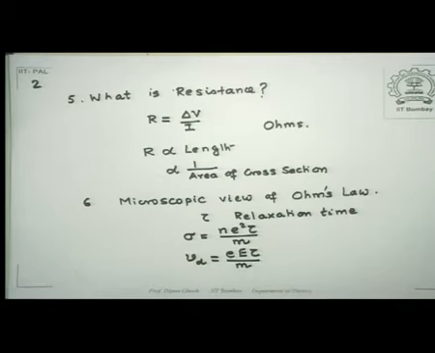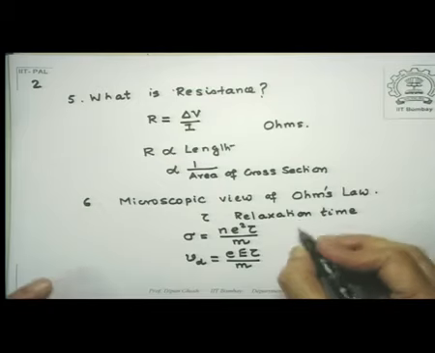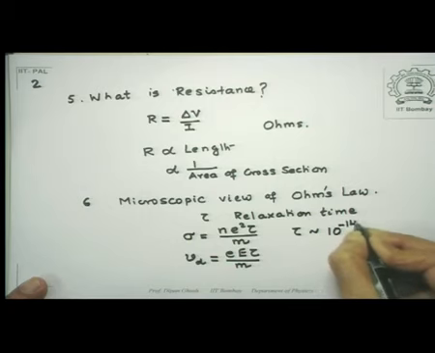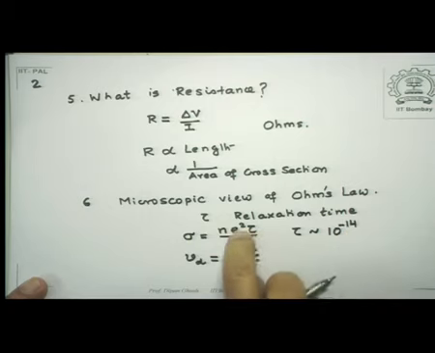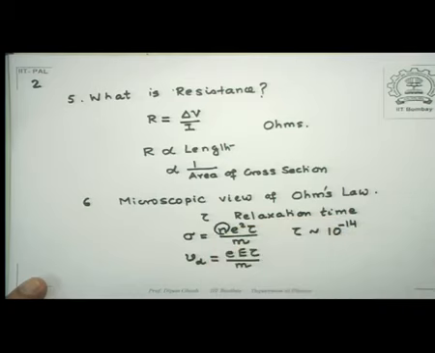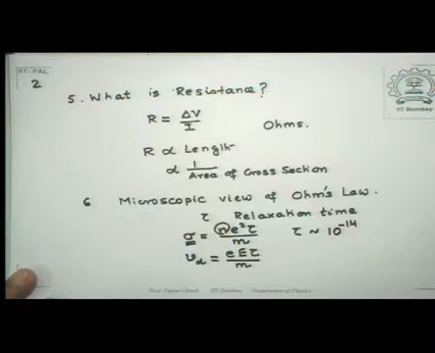So note one thing, that in spite of the fact that in a typical metal, tau is of the order of 10 to the power minus 14-15 seconds, E is of course a small quantity, but because the number density is large, and of course because m appears in this expression as a denominator, the number density in typical samples is of the order of 10 to the power 28 per meter cube, and so that explains why sigma is not very small, because Vd is small because n doesn't appear there.